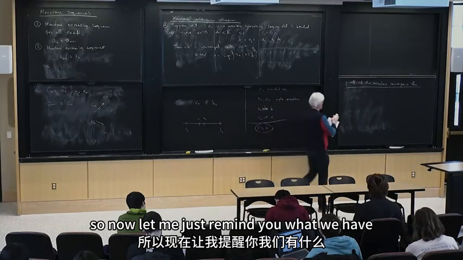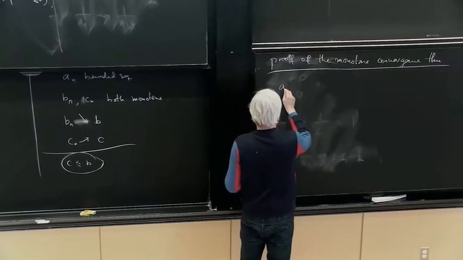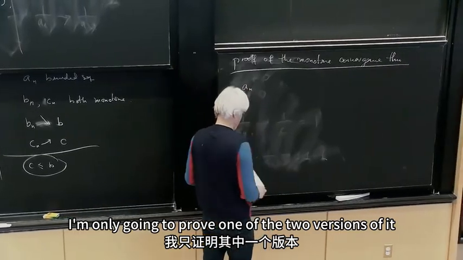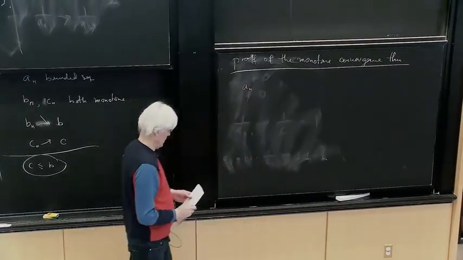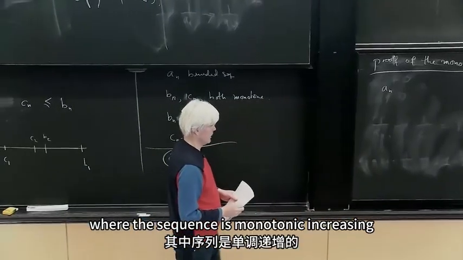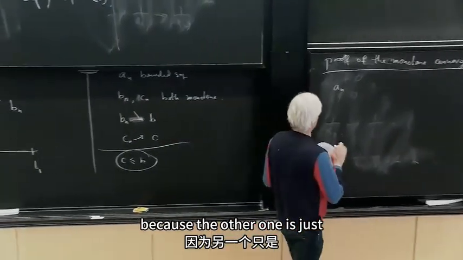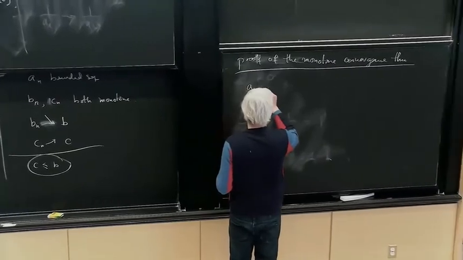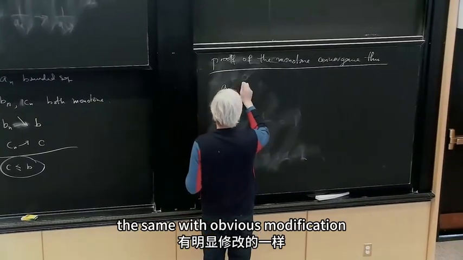So now let me just remind you what we have. I'm only going to prove one of the two versions of it, where the sequence is monotone increasing, because the other proof is just the same with obvious modification.